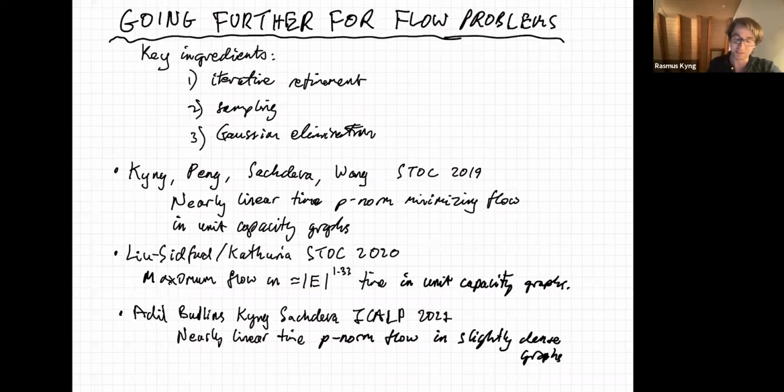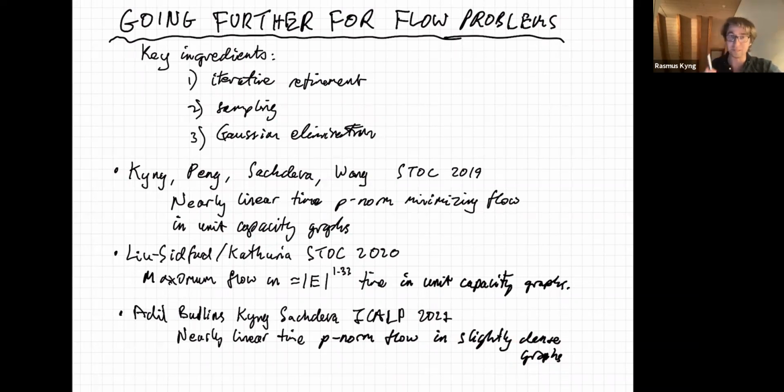And then I want to mention that we can remove this unit capacity restriction in a paper that just came out in ICALP to get a nearly linear time algorithm for p-norm flow in slightly dense graphs. So not in sparse graphs, but if your graph has enough density.